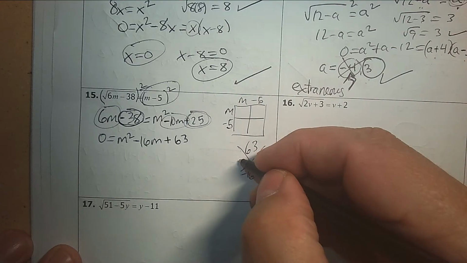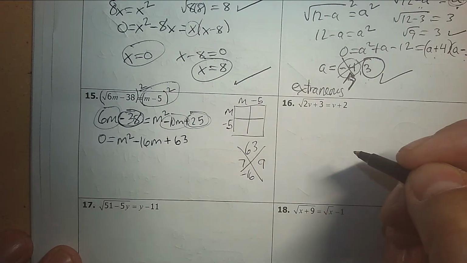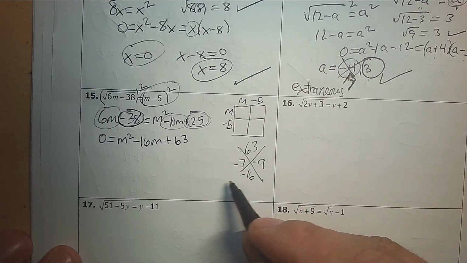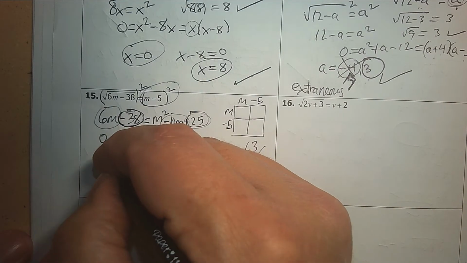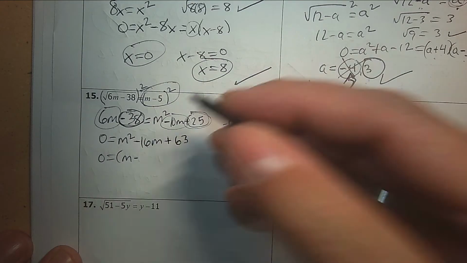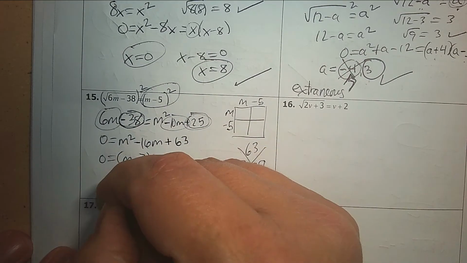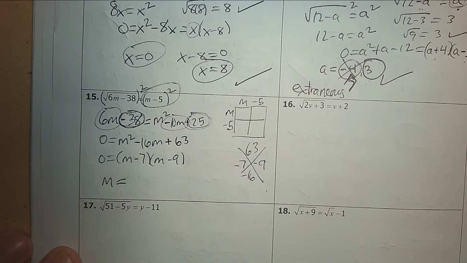So 7 and 9, right? Do they both need to be negative? Yes. And they fit. So one is m subtract 7, the other is m subtract 9. So what are the two solutions here? Positive 7 and positive 9.